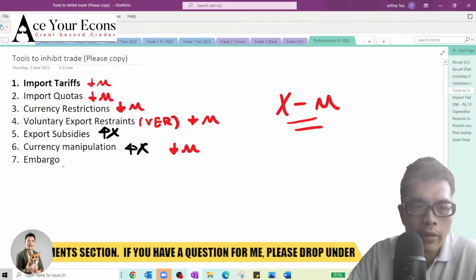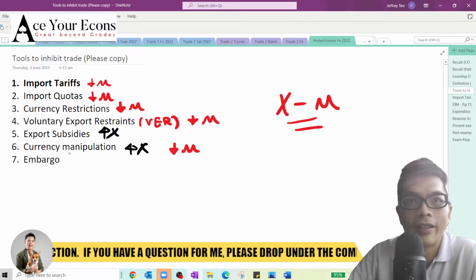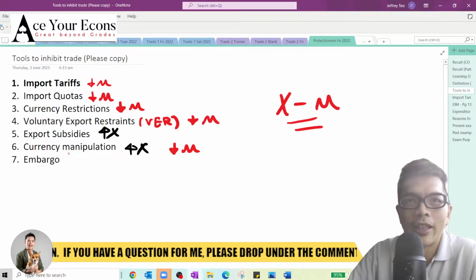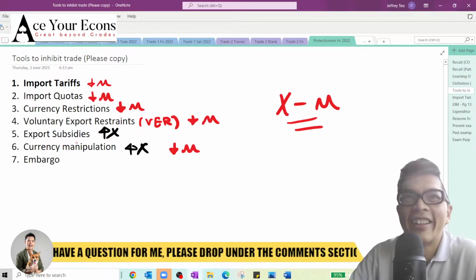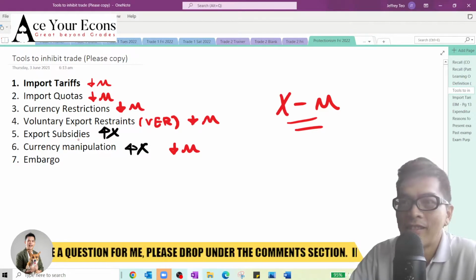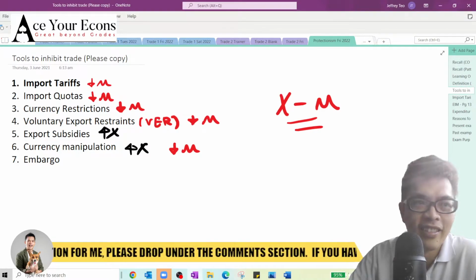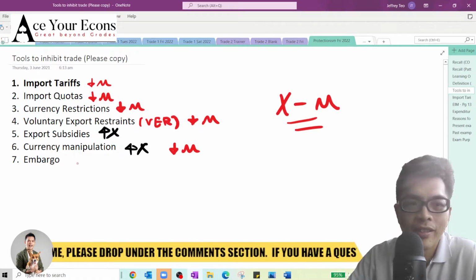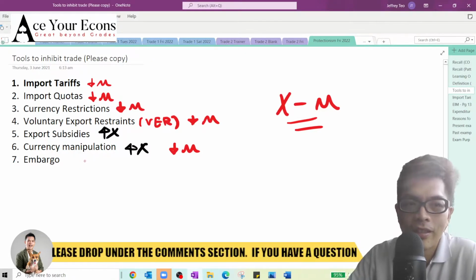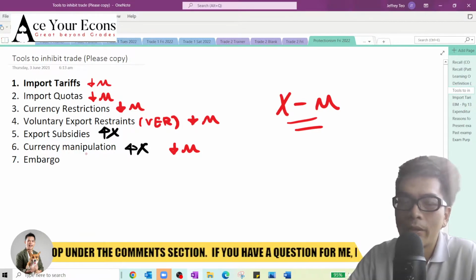All right, the last one is a trade embargo. What does an embargo mean? Without Googling. Embargoes are restraints.